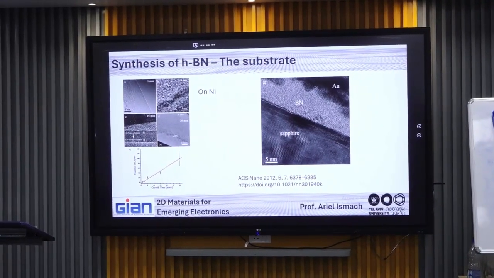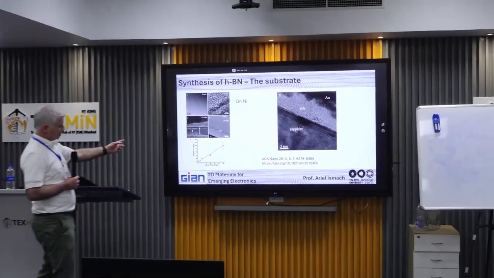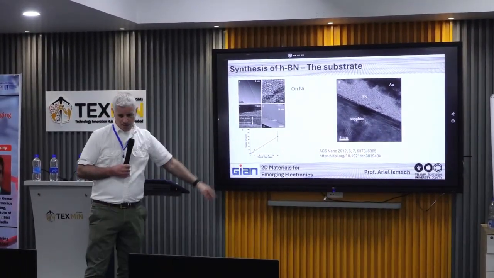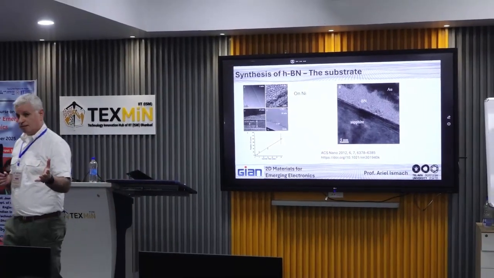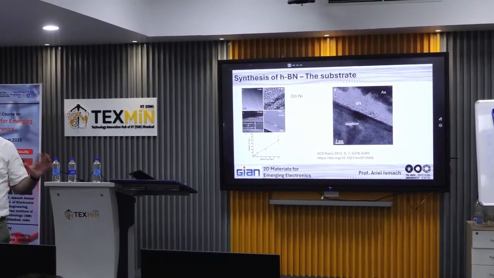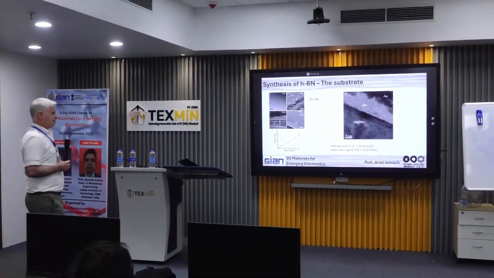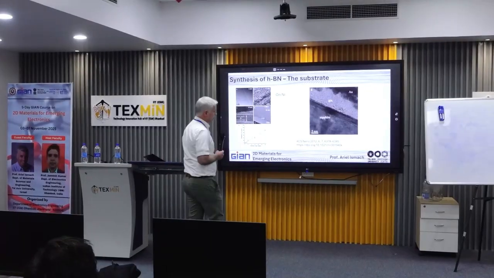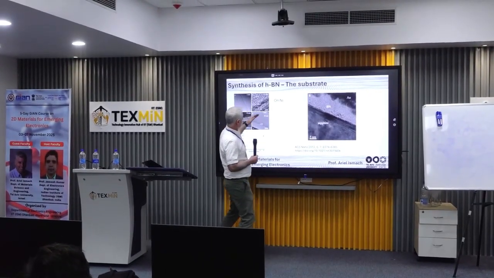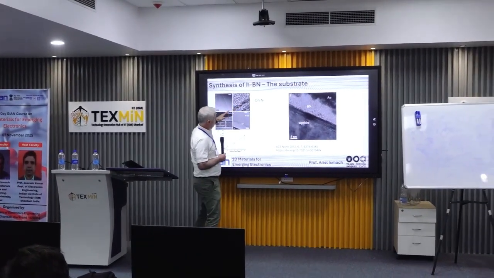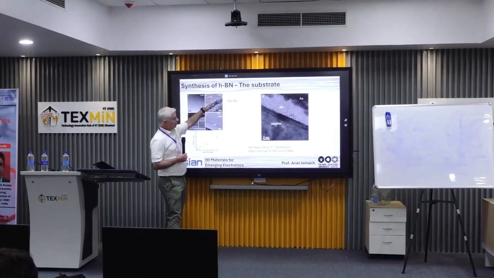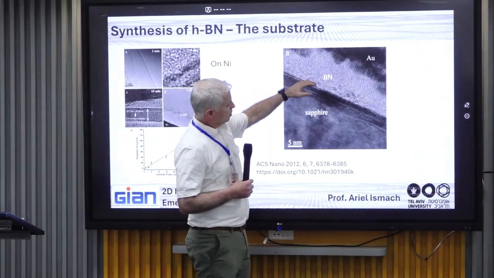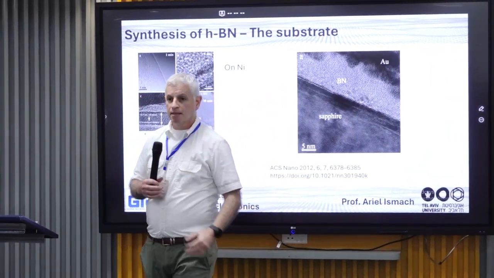And the same growth on sapphire, which is a non-catalytic surface, at the same conditions, we're talking here about the standard conditions of 1000 degrees. On sapphire, the results are more complicated. Instead of getting planar and highly crystalline layers, you end up with what is called the turbostratic structure.